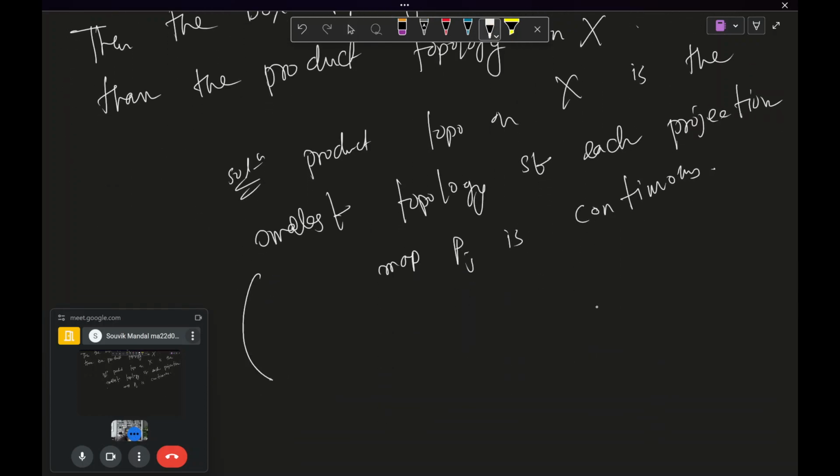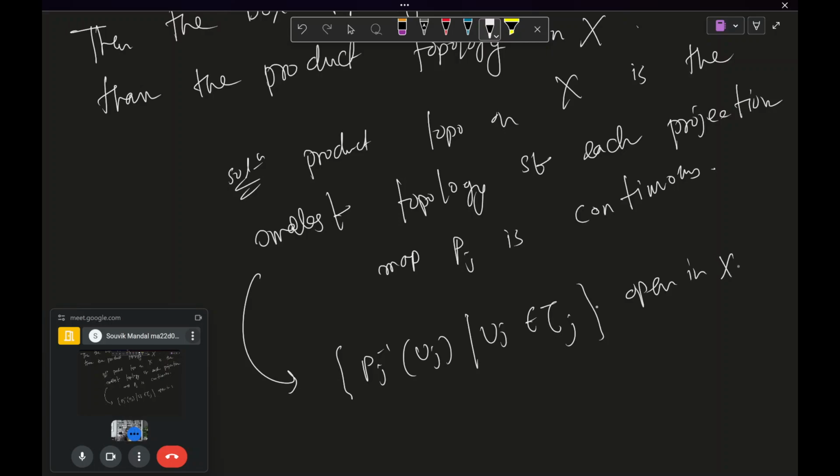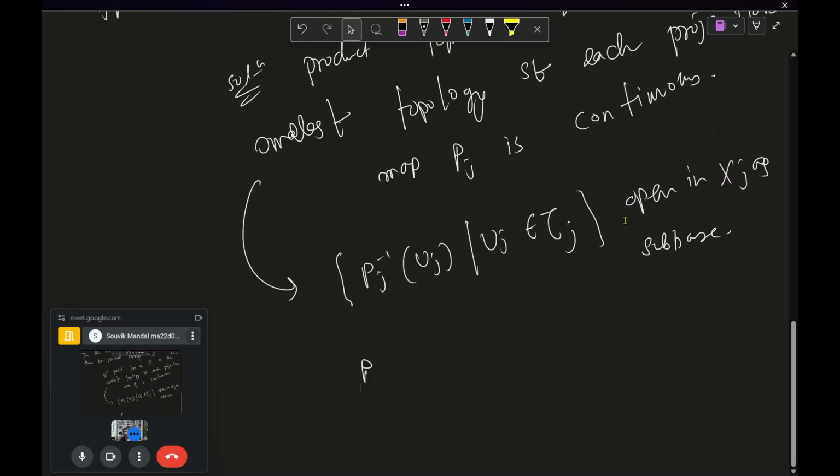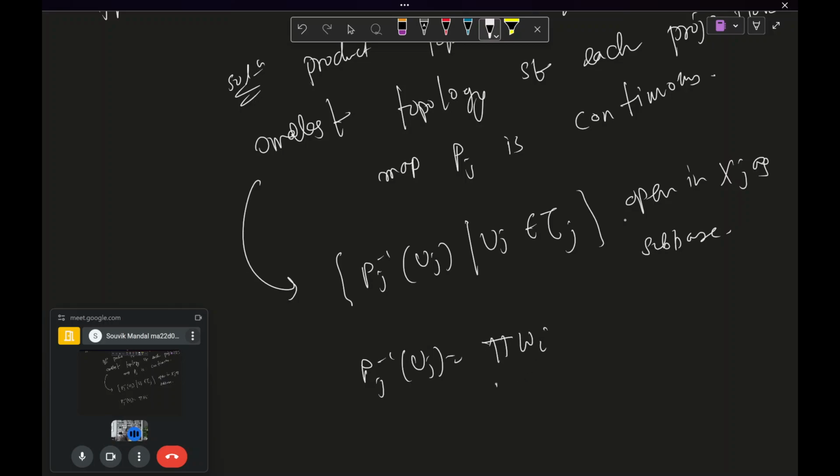In the product topology, these P_j inverse of U_j, with U_j open in X_j, form the subbasis. Obviously one can write P_j inverse of U_j as the product over W_i, i belongs to N, where W_i is X_i if i is not equal to j, and U_j if i is equal to j.